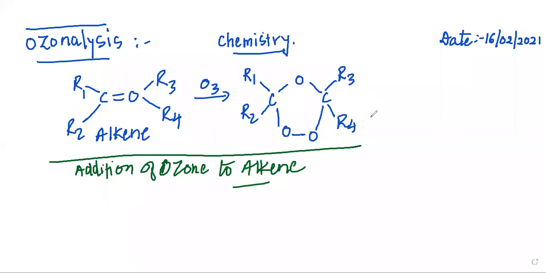Now what happens in the next process, my dear students, we allow it to react with zinc and water. So this particular compound, which is known as a triozonide or ozonide compound, undergoes a cleavage.